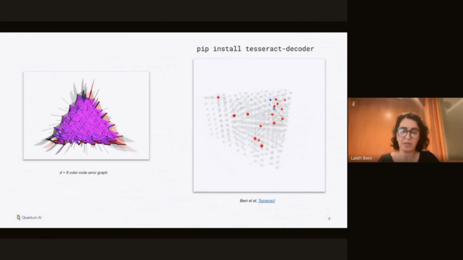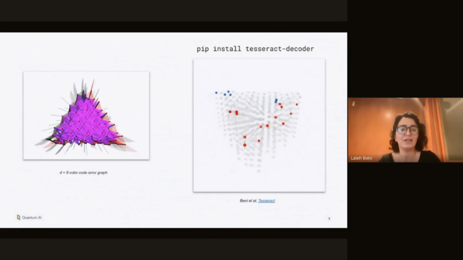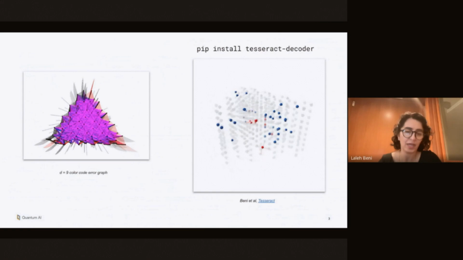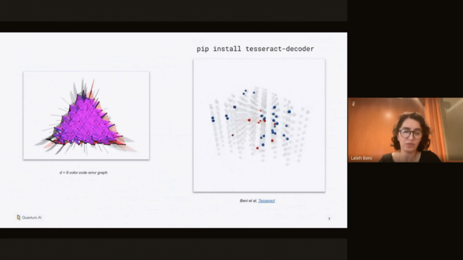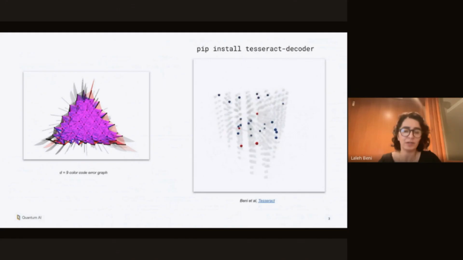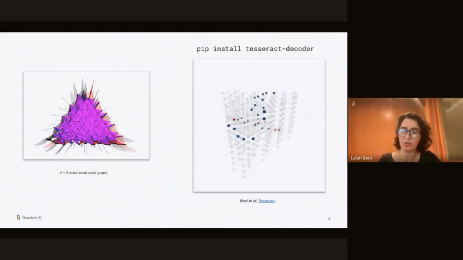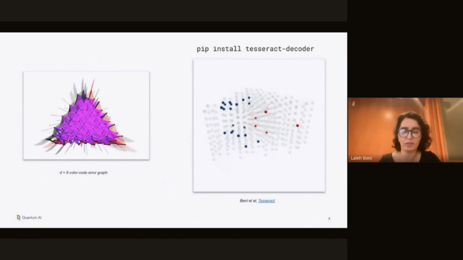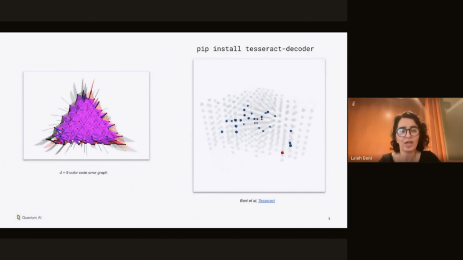For example, here you see a Tanner graph for a distance 9 color code, and you see it's not only very dense, it has all those hyperedges, and on the other side you see the Tesseract decoder able to decode over this complicated Tanner graph.